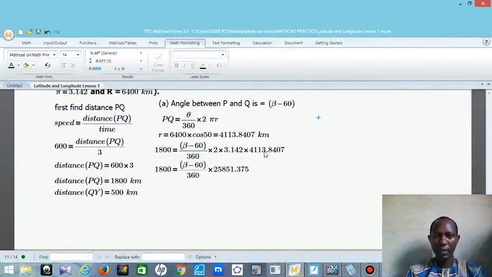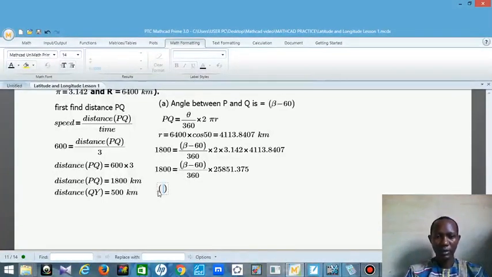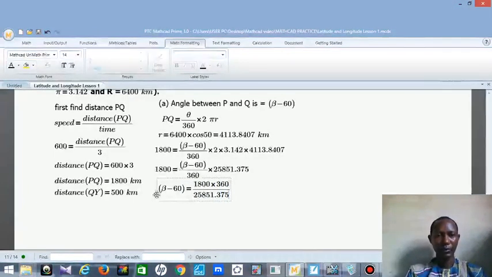Then the next thing is to cross multiply: 360 times 1,800 divided by 25,851. So let's do it and get our beta. So beta minus 60 will now be equals to 1,800 times 360 divided by 25,851.375.